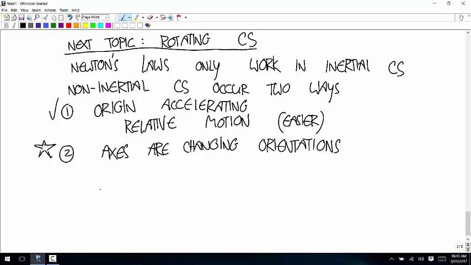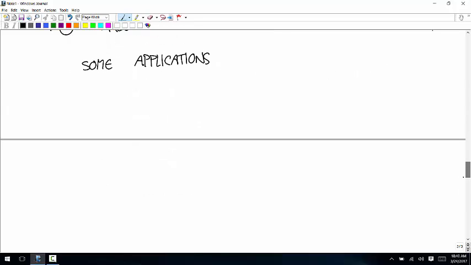And some applications. So first of all, you would use it if, and planets is an example of this.